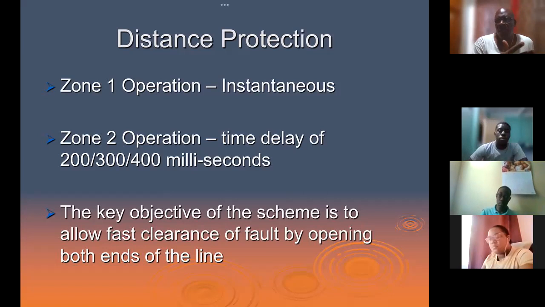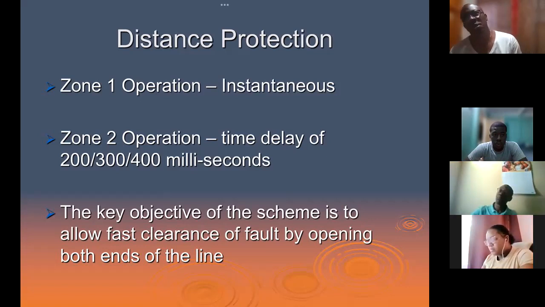You have environmental factors at play. Your relay, yes, is in an area which is temperature controlled, etc. But things do happen, and so you do not want a situation where the protection is operating for lines outside of the protected zone.